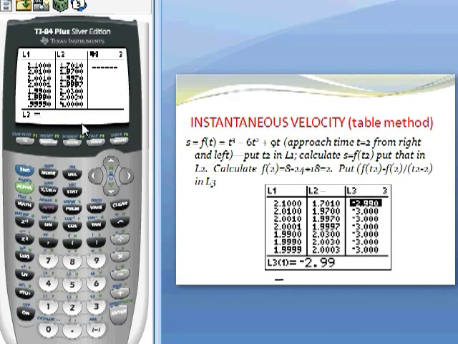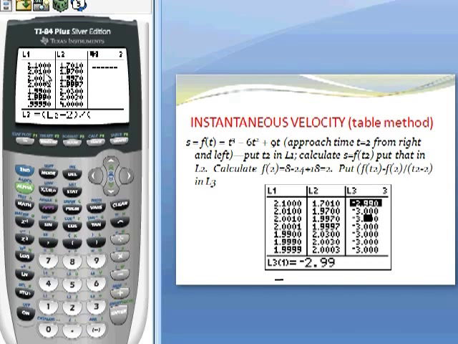L3 is going to be f of t2, which is L2 in this case. Oops, no, that's not what I meant. Just that, L2 minus L1, and I told you that f of 2 is going to be 2, so I'm going to just say 2, divided by the difference between this value, t2 minus 2.